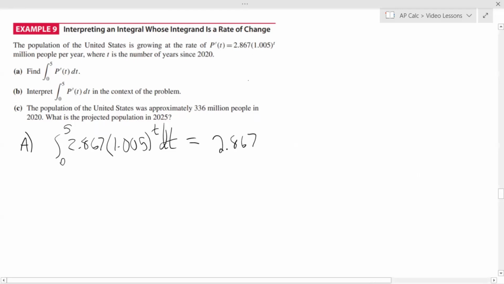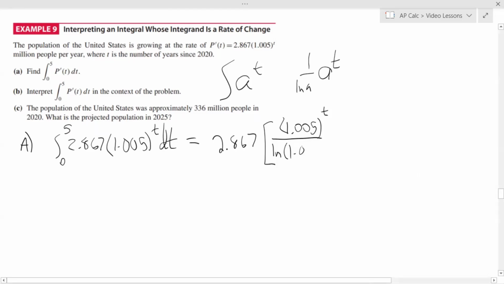And this integrand is just the form a to the t. And we know that the integral of a to the t is itself times 1 over natural log of the base. So here we would have 1.005 to the t over natural log of 1.005.